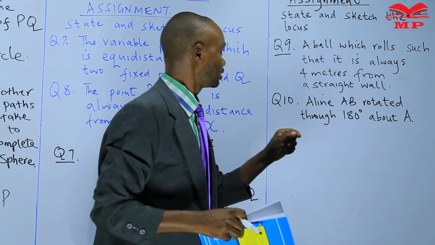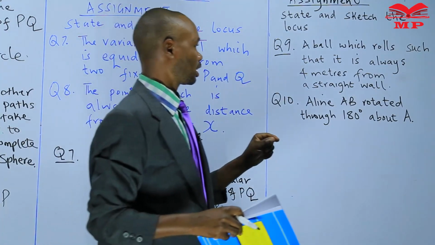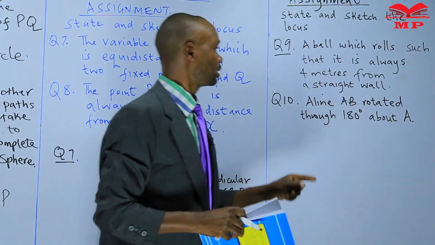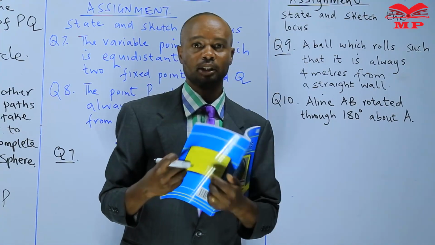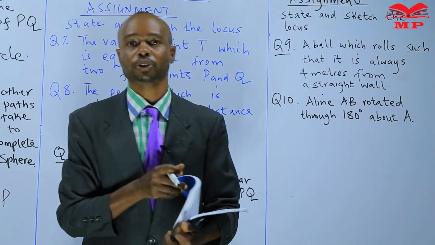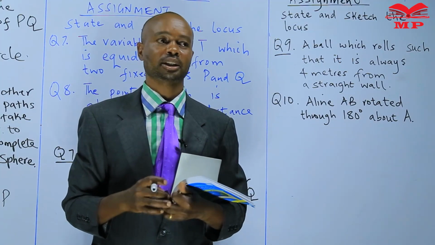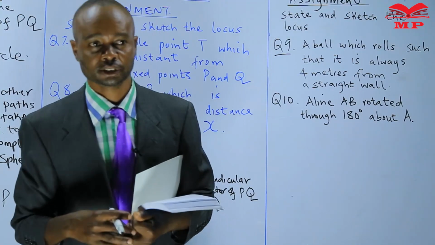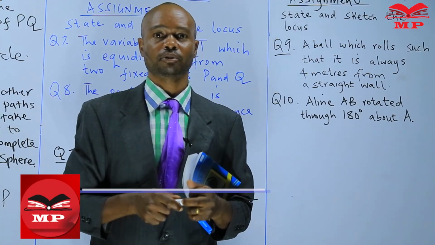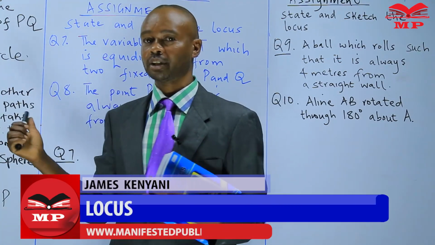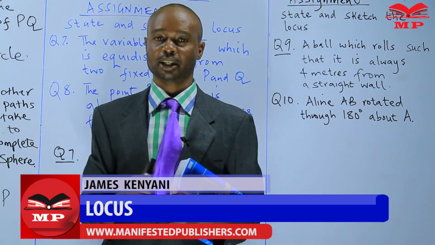Question 10: state and sketch the locus of a line AB rotated through 180 degrees from A. Having given the 2 questions, it is a good time for you to go and get the solutions as you continue remembering what we defined as a locus.